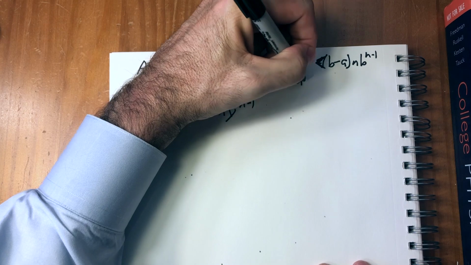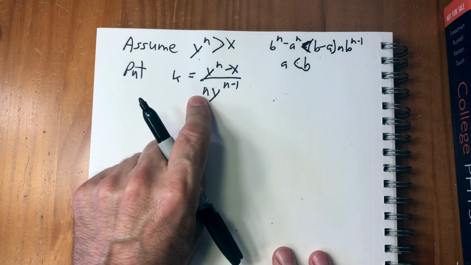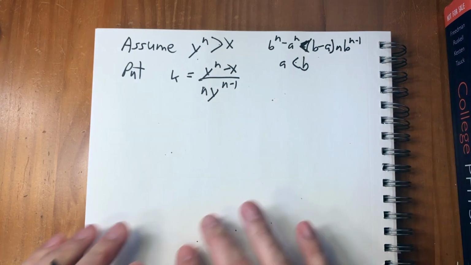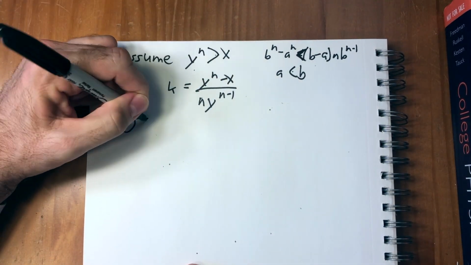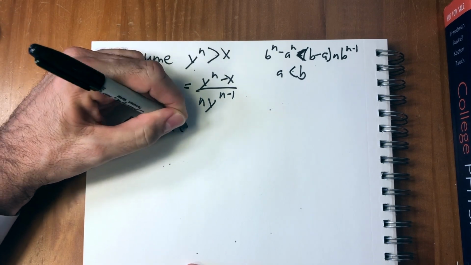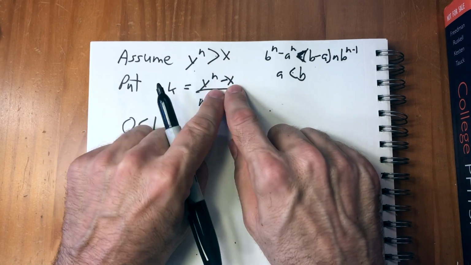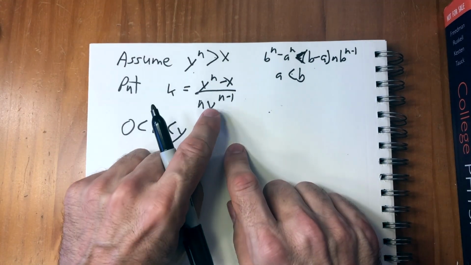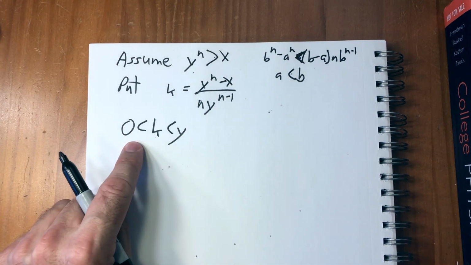It's less than when a is less than b. Okay, so this is this. Setting k this way, then 0 is less than k is less than y. So k is bigger than 0, same as before, because this is bigger than this, so this is positive, y is positive, n is positive, so all of this is positive. So k is bigger than 0.